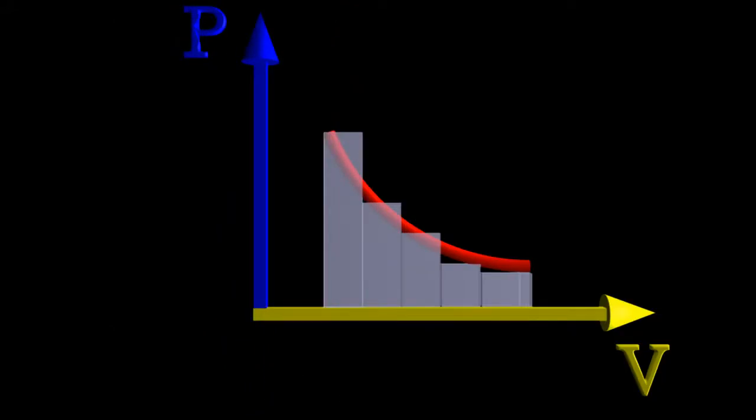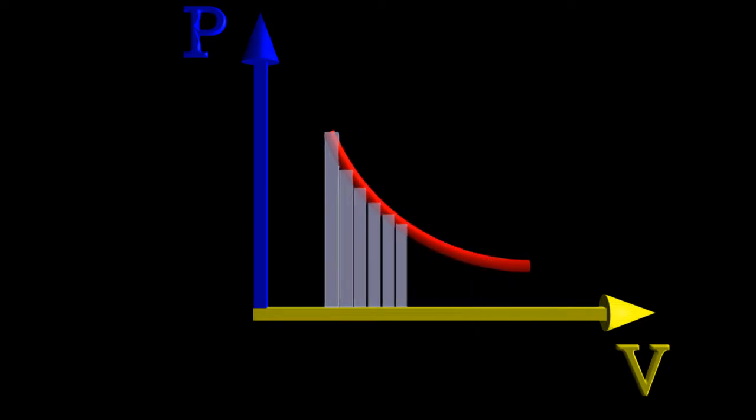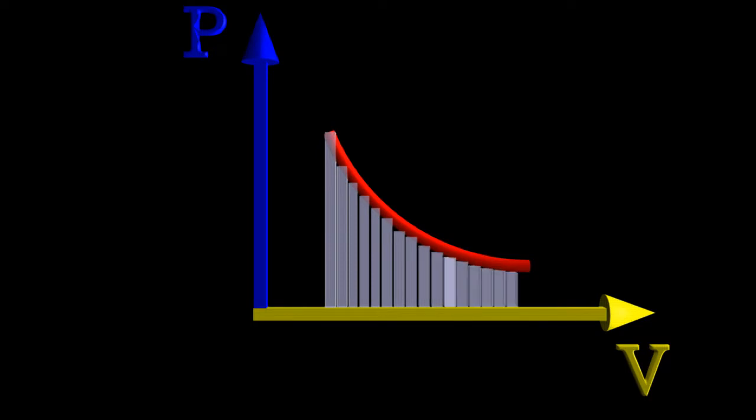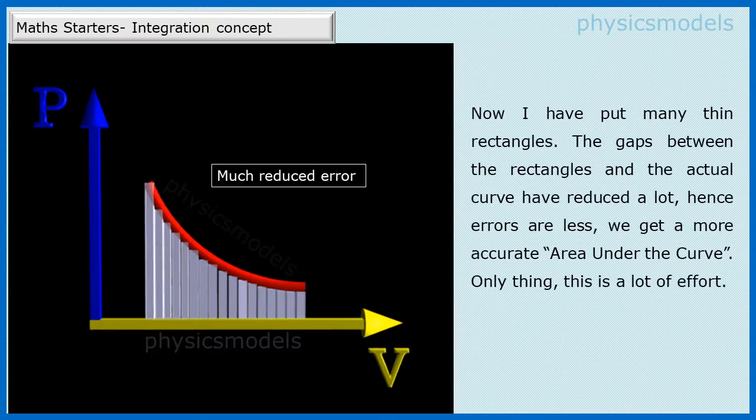Understand from this animation which I am showing you, where I started with very fat rectangles. When I say fat, I mean thick on the x-axis. Then I made them thinner and thinner. Then there was a gap and I had to add many more rectangles, which I have done. When I did all that, keep in mind the gaps between the rectangles and the graph.